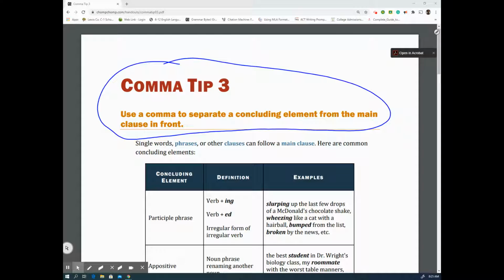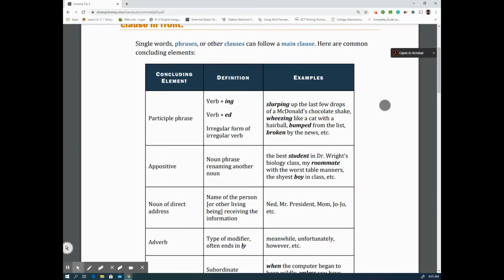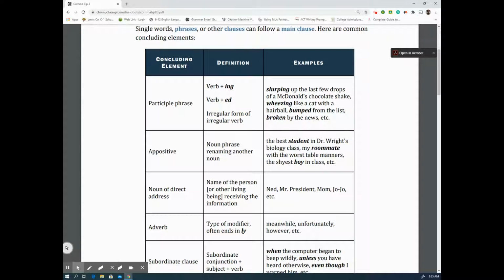And again, this could be a single word, a phrase, or a clause, including.